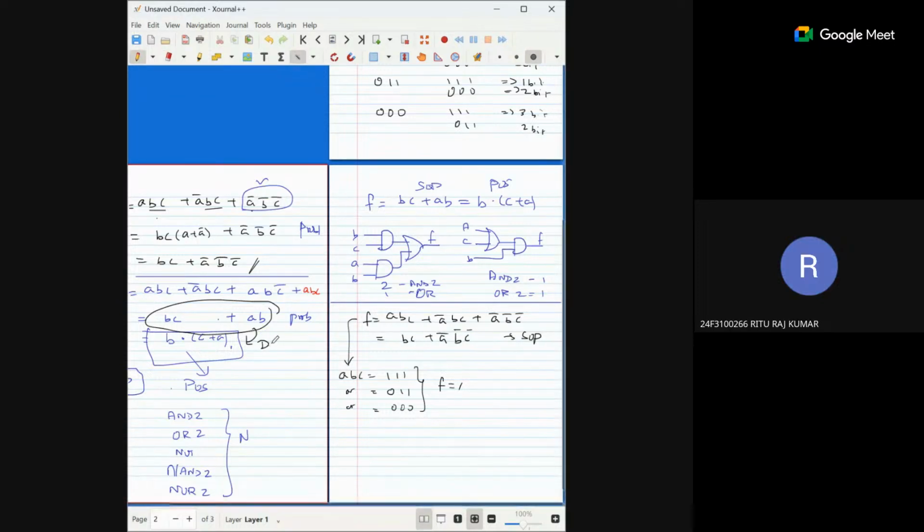How can we say this is a POS format, because we wrote the equation in SOP format, sir? Sir, I know that's how you took a common, but we wrote that equation in SOP format, because all the product terms are where the function is one, so we write the SOP format. Then how did you tell that this is a POS format after simplifying it, sir?